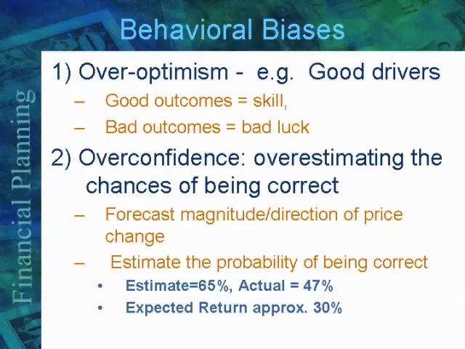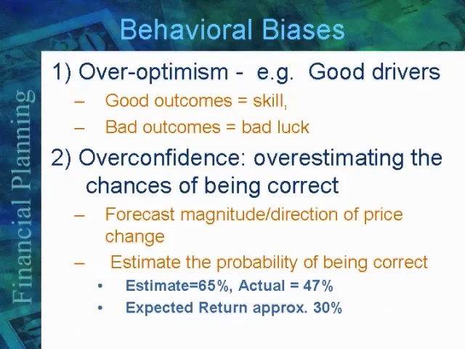Overconfidence, how does that work? Forecasting how much a stock will change, in which direction. In experiments, they'll ask people to tell us how much they think a stock will change, whatever stock, the stock they know the best. Then the question is asked, how sure are you that you are correct?